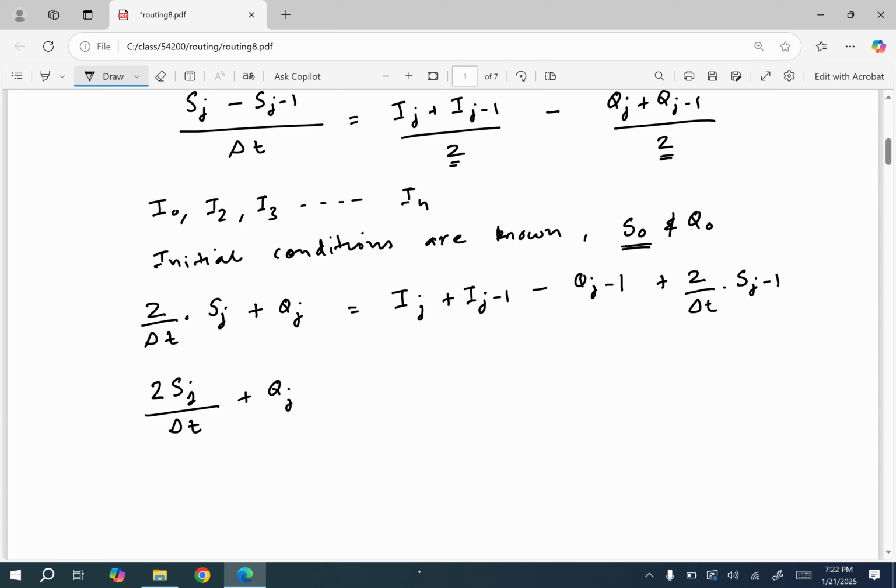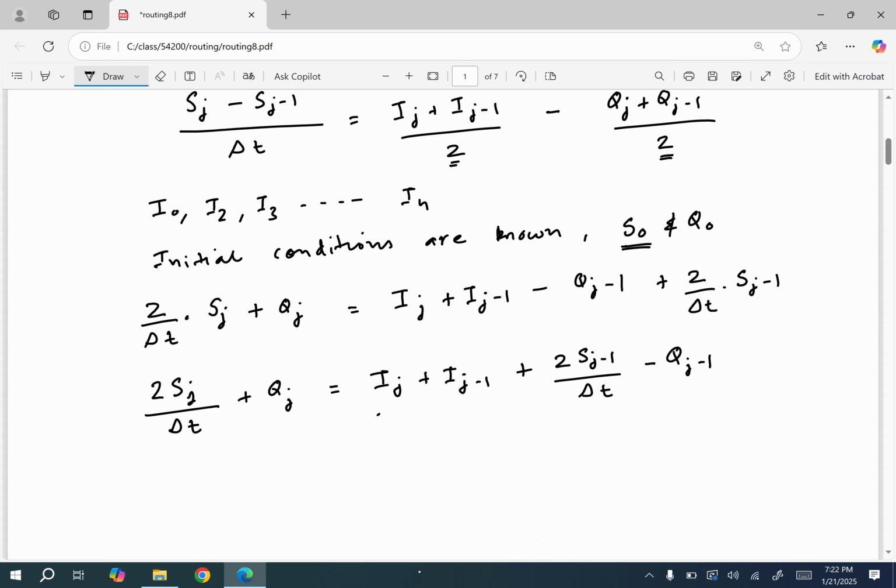plus Qj is equal to Ij plus Ij-1 plus 2Sj-1 over delta t minus Qj-1.